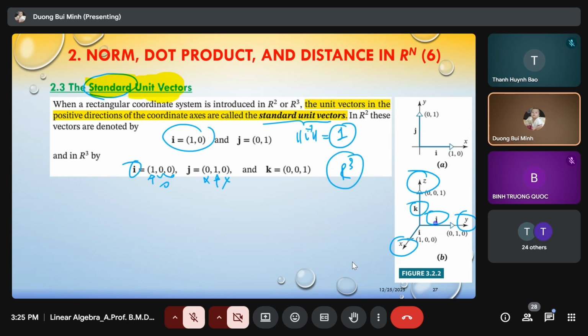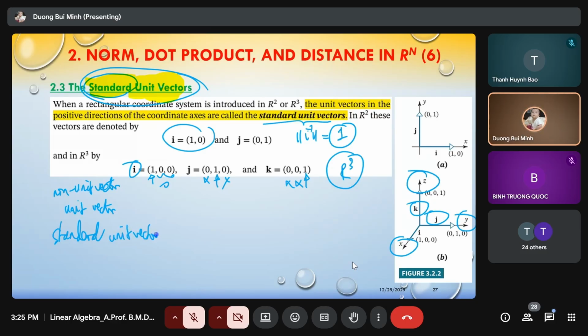Now k represents the z-axis, so this one is 1, the other will be 0. So now we know what a non-unit vector is, what a unit vector is, and what a standard unit vector is.